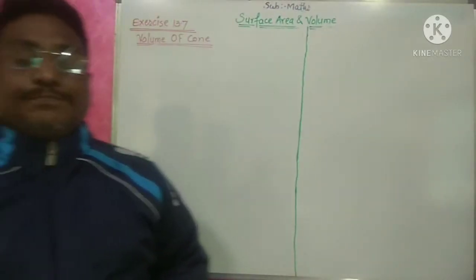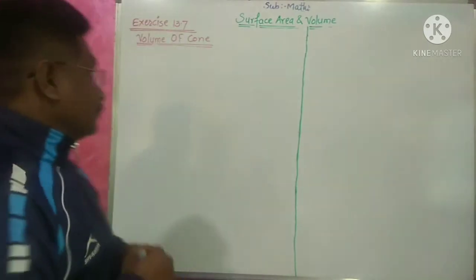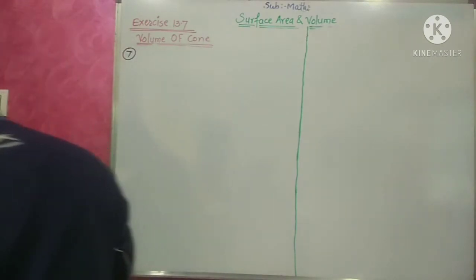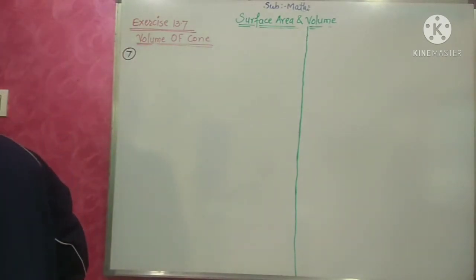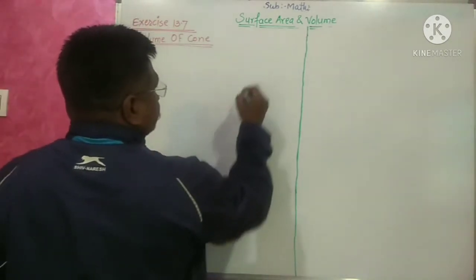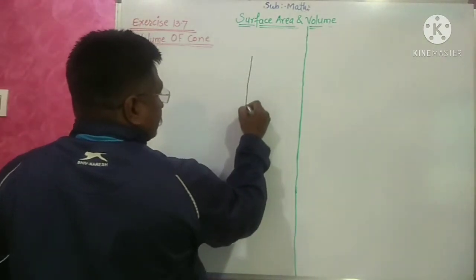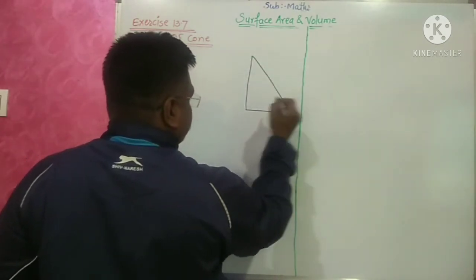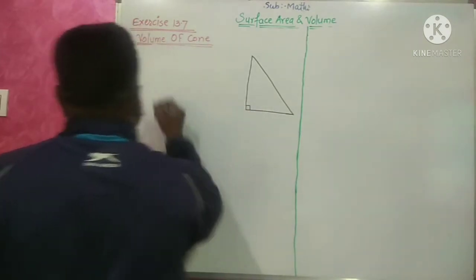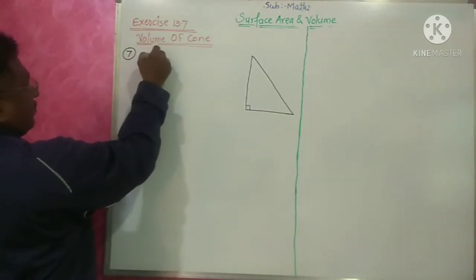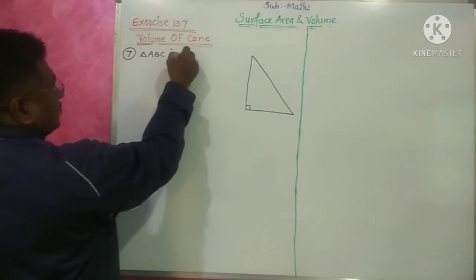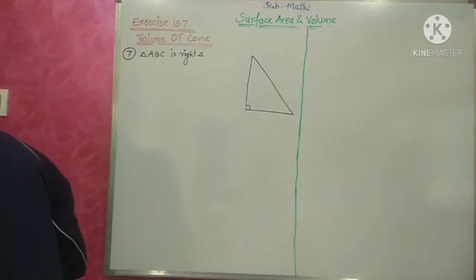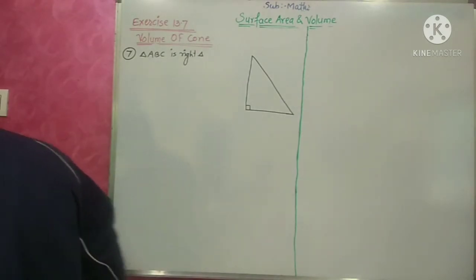So the sixth question is homework. Now we will see the seventh question. How to solve the seventh question. A right triangle ABC. This is the right triangle ABC, with sides 5, 12, 13.